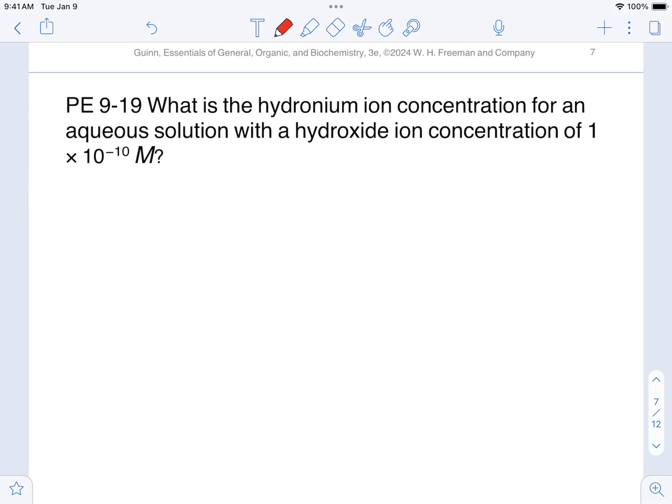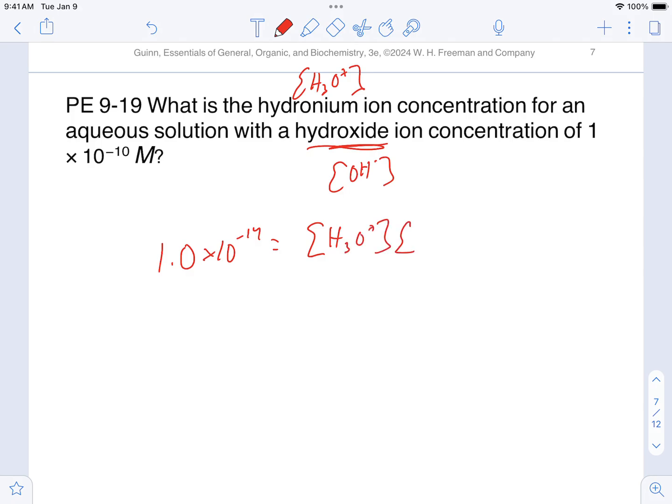What is the hydronium ion concentration? For an aqueous solution with a hydroxide ion concentration of 1 times 10 to the negative 10th. So the same idea here, we're just looking for the other one now, but we still use our same formula. They're always going to multiply to 1 times 10 to the negative 14th.